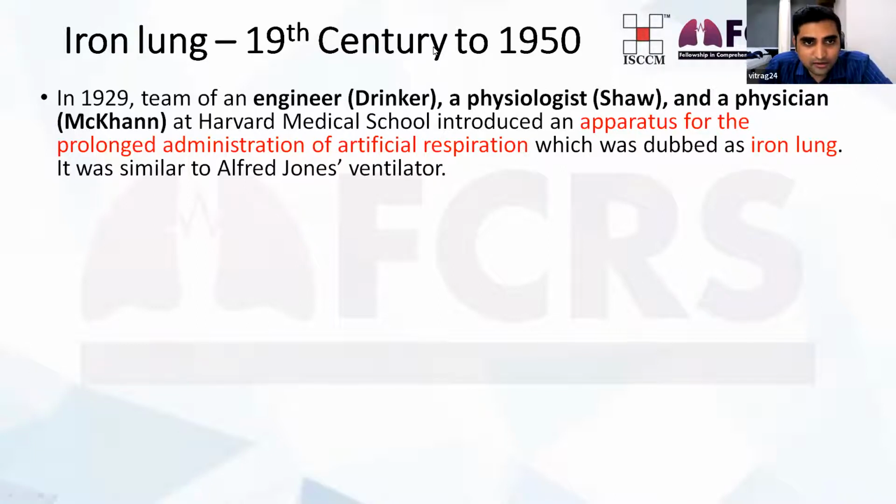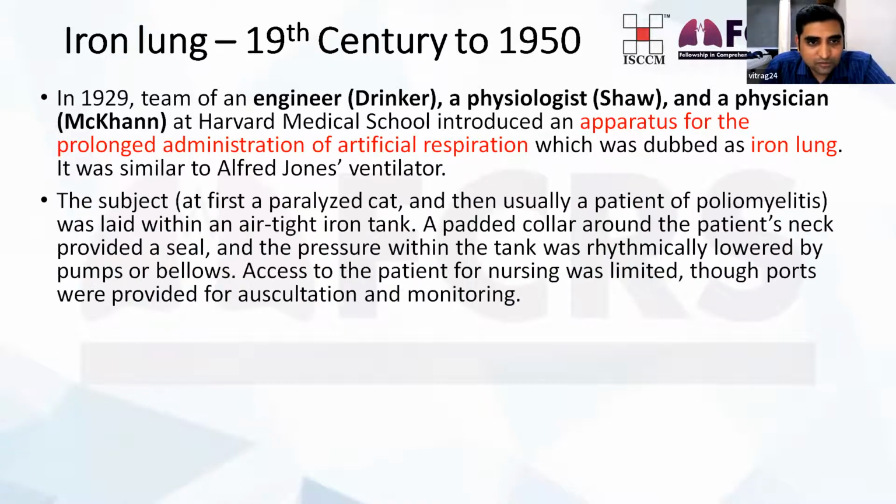All three invented an apparatus for prolonged administration of artificial respiration, which was dubbed the iron lung, and it was quite similar to Alfred Jones's ventilator. The subjects at first were paralyzed cats, and then patients with poliomyelitis were laid within an airtight iron tank. A padded collar was applied to the patient's neck and provided a seal, and pressure within the tank was rhythmically lowered by a pump or bellows.